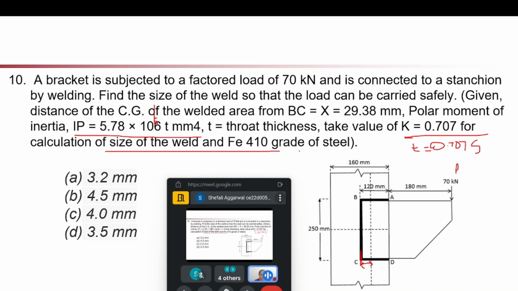So for the size of weld and grade Fu 410. Okay.